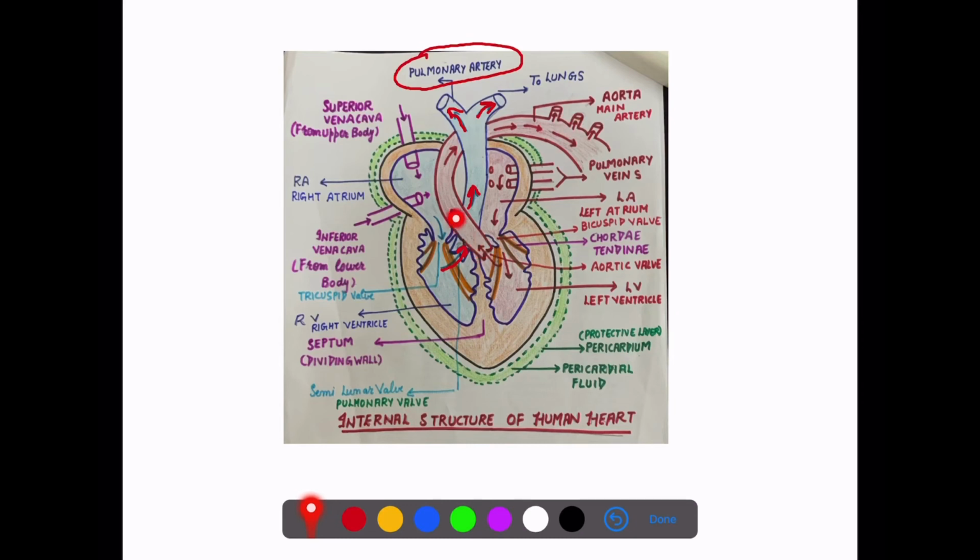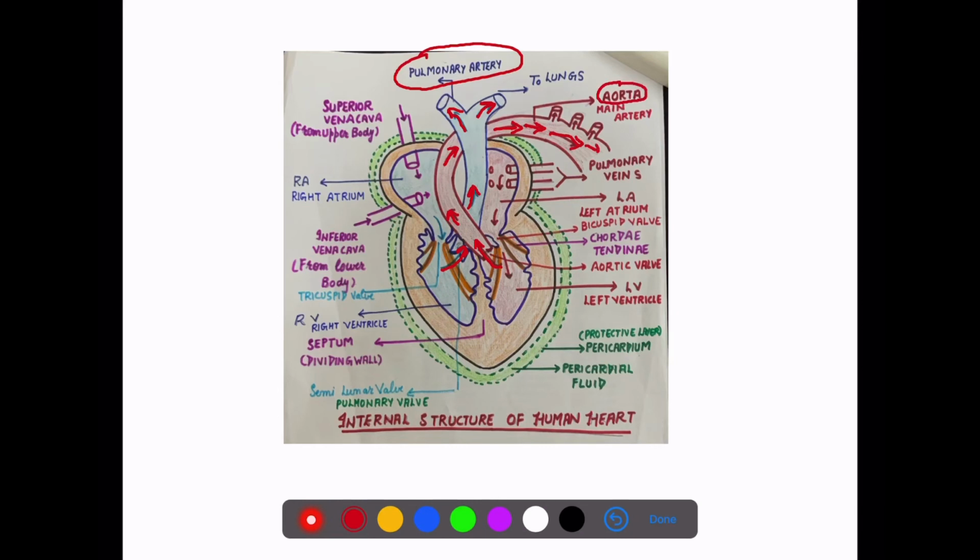So here is the main aorta, which is carrying oxygenated blood, and it will transport oxygenated blood to all tissues. Oxygenated blood from your left ventricle is carried by the main artery, and that largest artery is known as aorta, and it will send blood to the tissues.